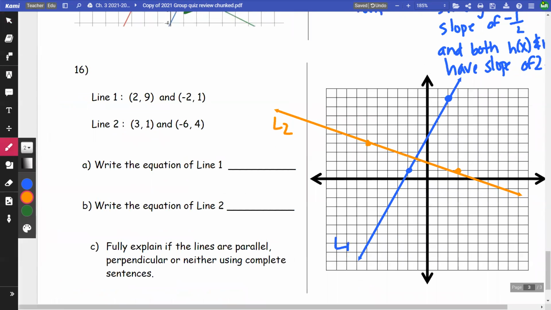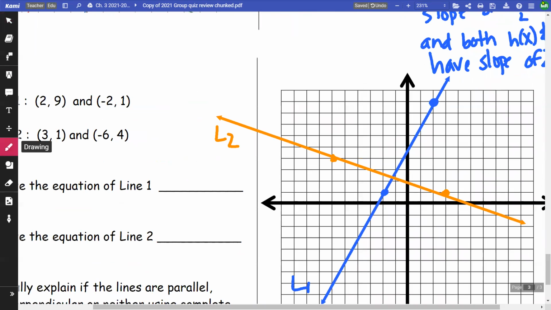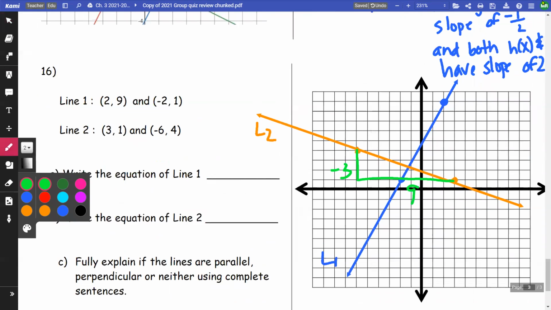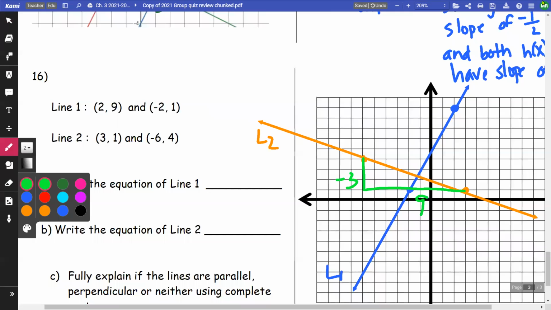And then I need to find the slope. And so if I find the slope of this one, let's say I go from here to here, going down 3 over 1, 2, 3, 4, 5, 6, 7, 8, 9. So slope of this one is going to be negative 3 over 9, which is a negative 1/3.